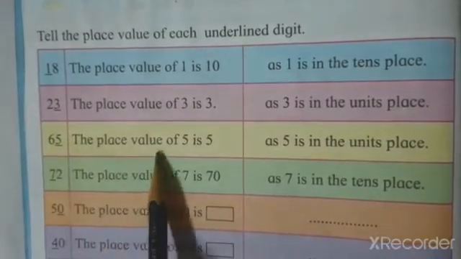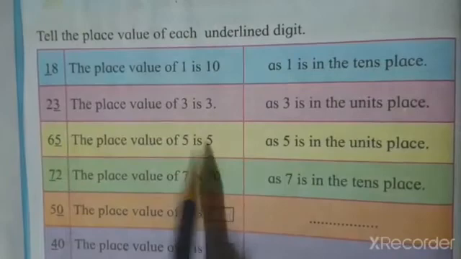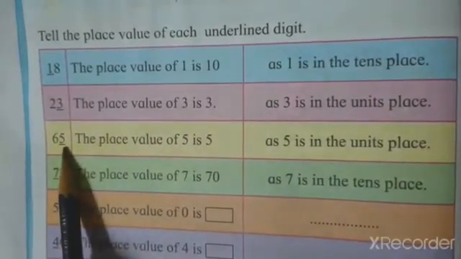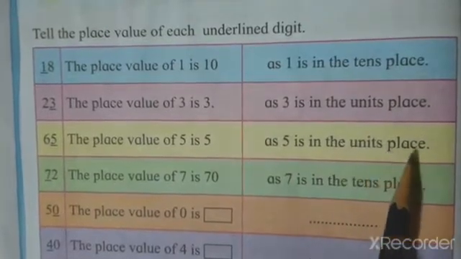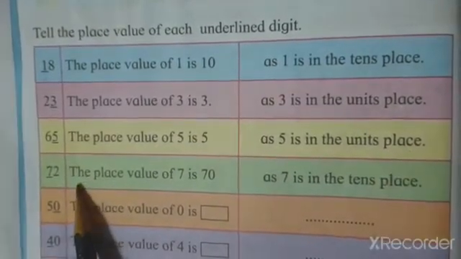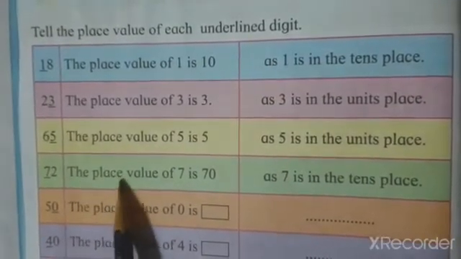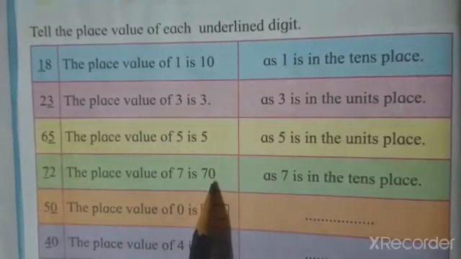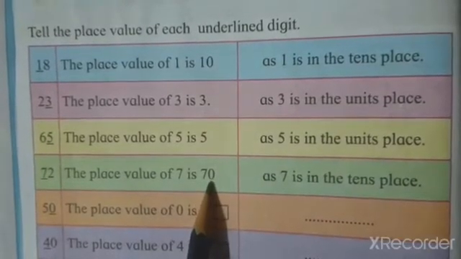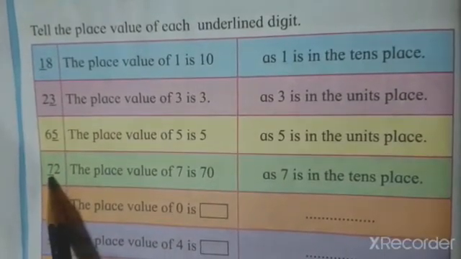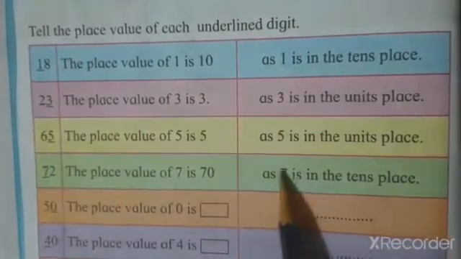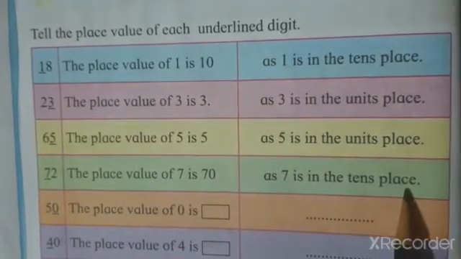The place value of 5 is 5, because 5 is in the units place. The next example: the place value of 7 is 70, because 7 is in the tens place.